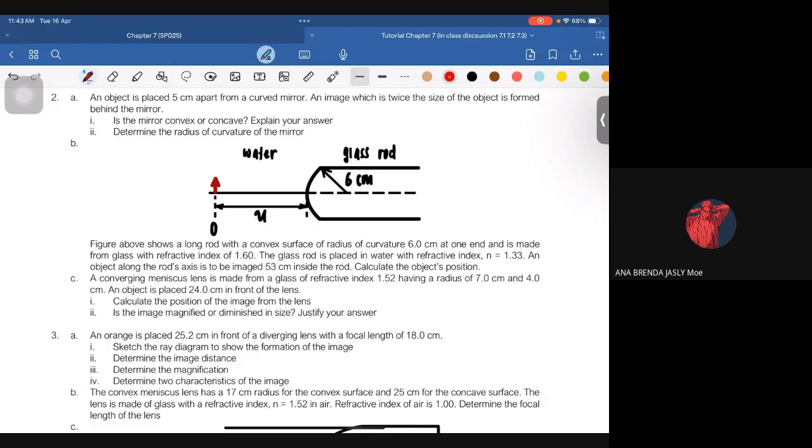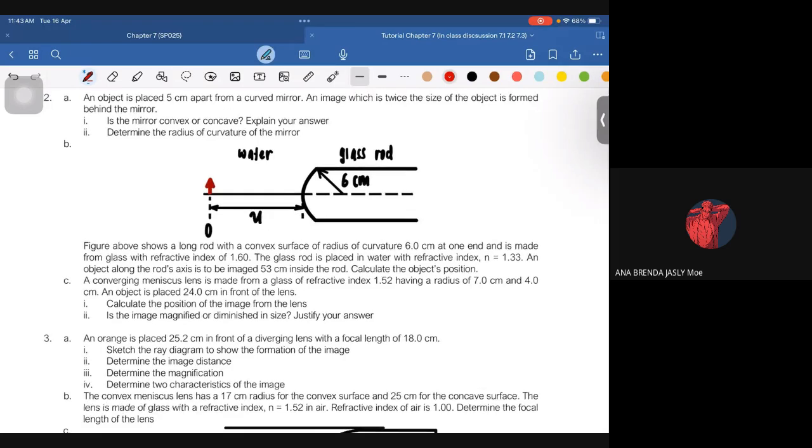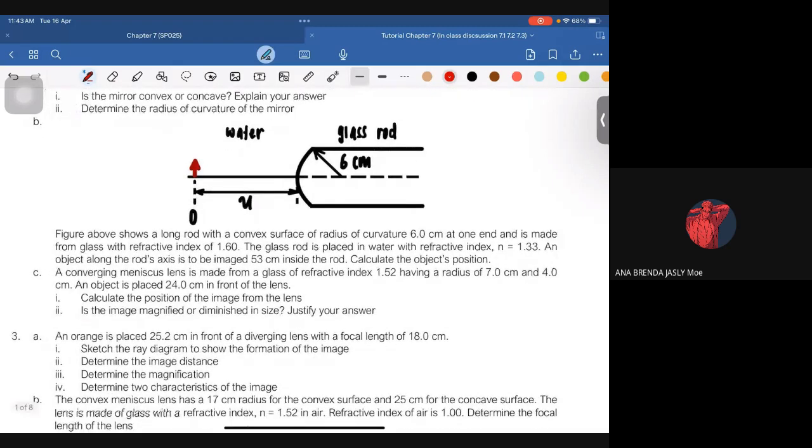Okay, so this is a glass rod, and then it has a convex surface of radius of curvature 6 centimeter. Okay, so dia bagi tahu, this is radius of curvature. Refractive index of the glass is 1.6. It is placed in water with refractive index 1.33.